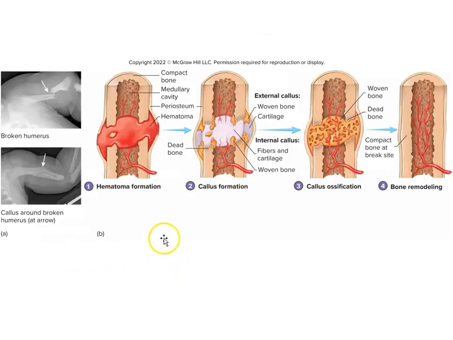This image shows these 4 steps. We see the broken blood vessels causing bleeding here and forming a clot or hematoma. After a few days, we'll see fibroblasts migrating to the scene and forming first fibers, dense connective tissue-like callus, then cartilage to create a more resilient callus, though still quite weak when compared to bone.